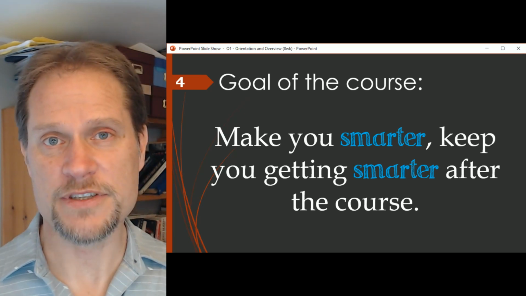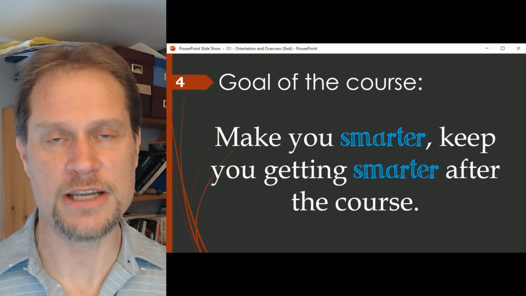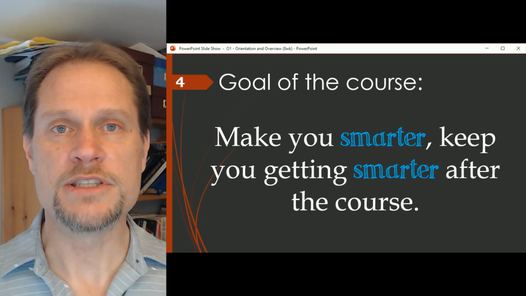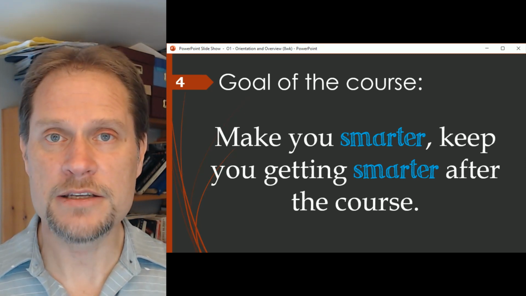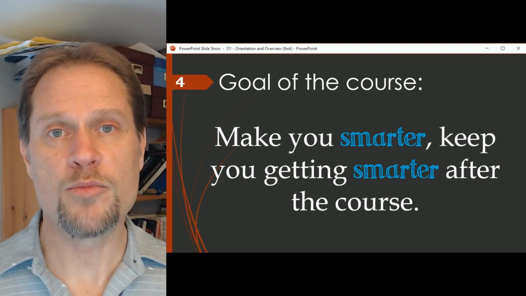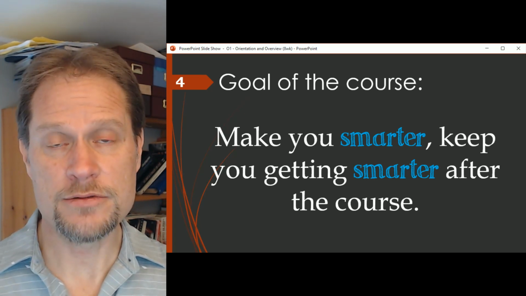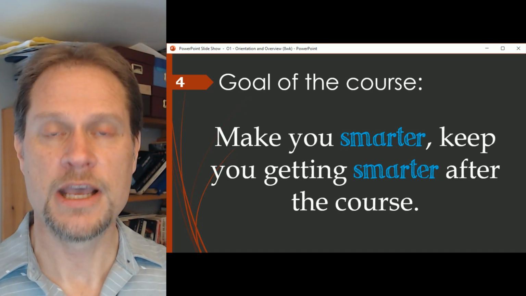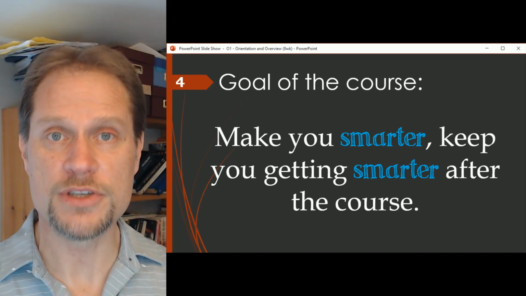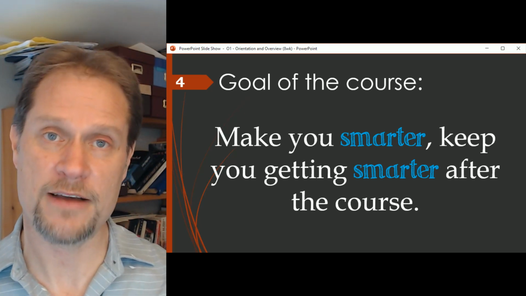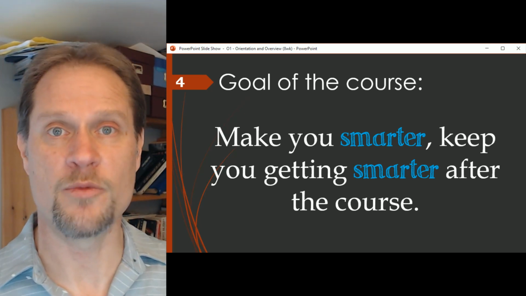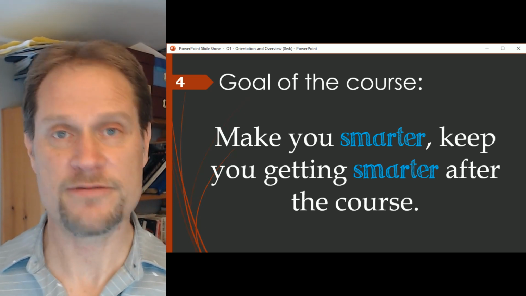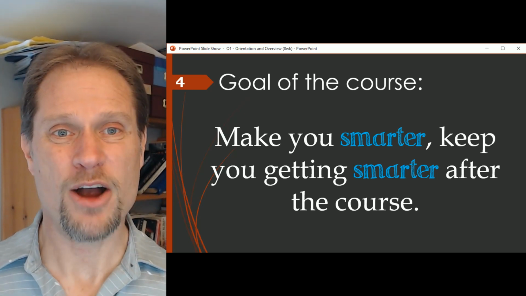So the emphasis in this course is not going to be on getting you to learn stuff now to make you smarter now, but to get you to learn things now and, more importantly, set you up with habits and attitudes that will get you to keep practicing those skills and to keep searching for new skills and new ways of thinking after the course so that you keep on with that progress, with that rate of improvement after this course is over.